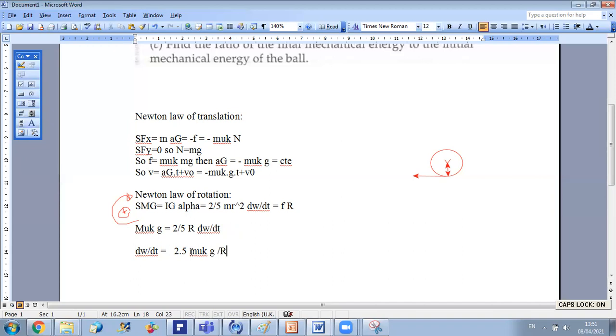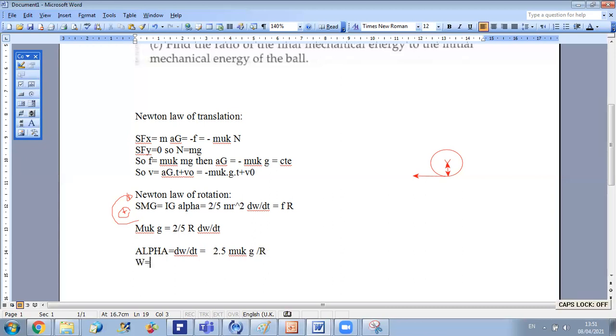Okay. Once I got d omega over dt صار فيني اجيب omega. مظبوط. So this is alpha. This is the value of alpha. كمان alpha is a constant. بما انه alpha is a constant, then I can apply for omega the equation for constant angular acceleration.